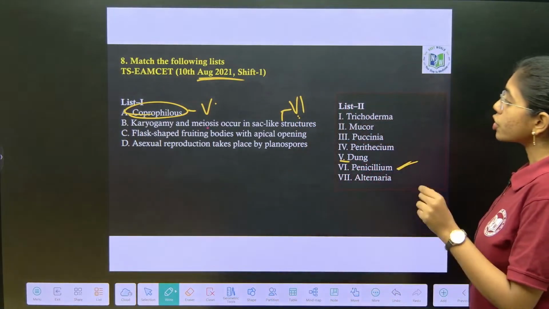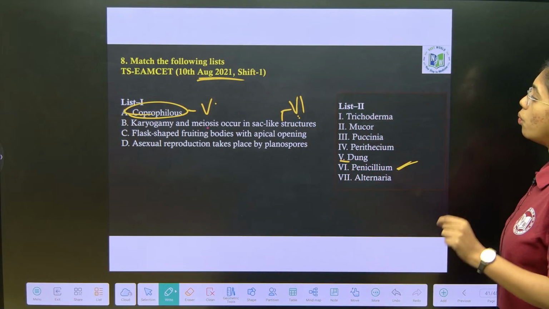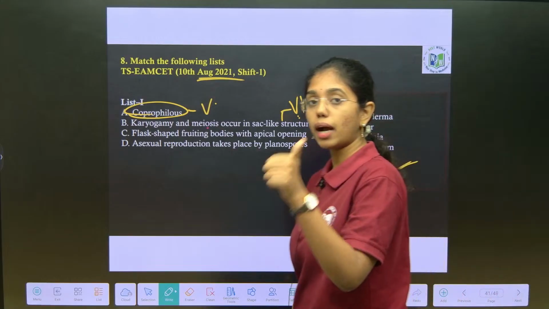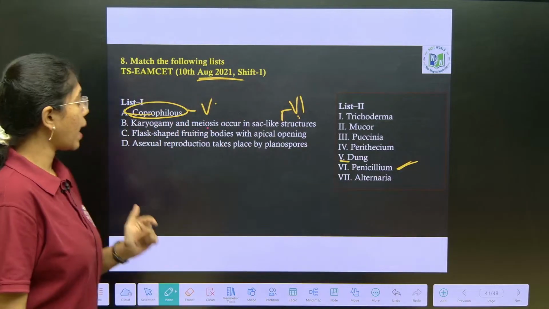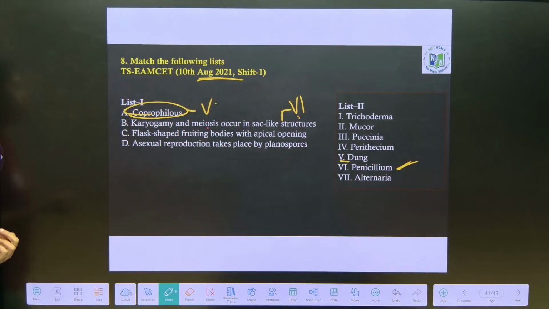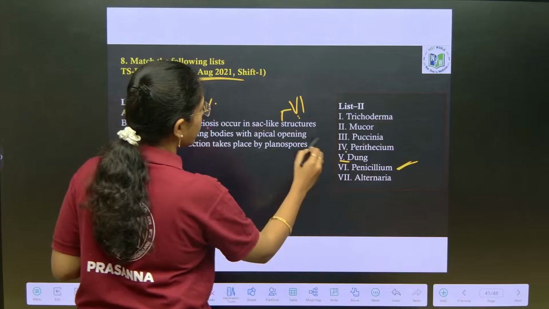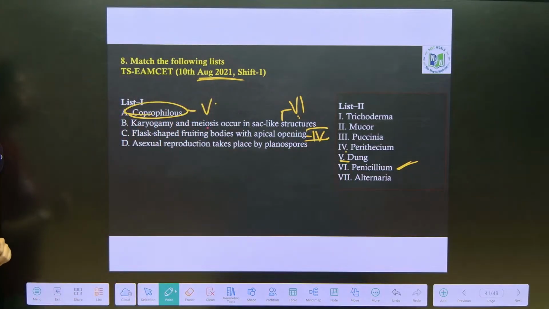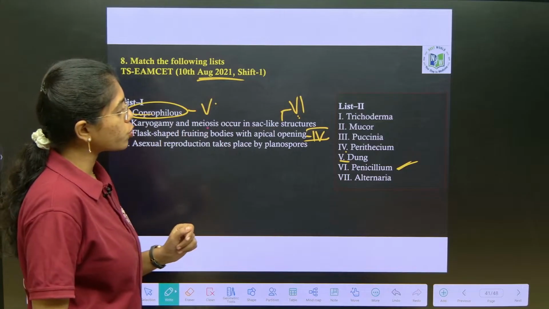Next, flask-shaped fruiting bodies with apical opening. We have seen cup-shaped, saucer-shaped and flask-shaped. Flask-shaped fruiting bodies are what? Perithecium, which is option 4. Next, asexual reproduction takes place by aplanospores.